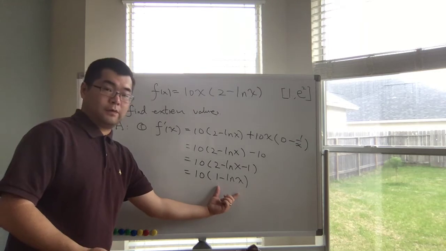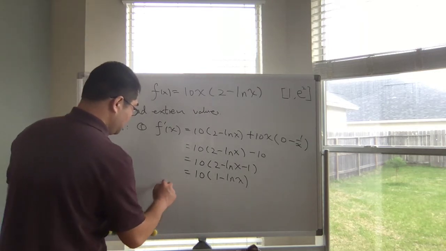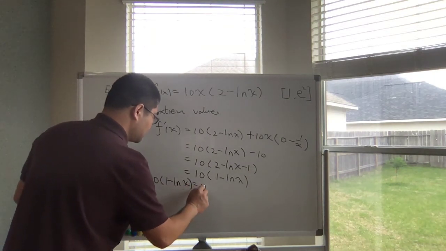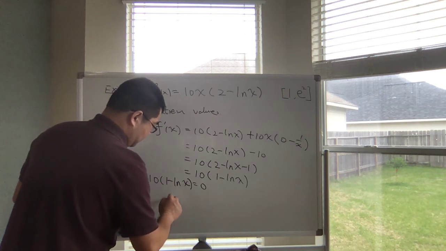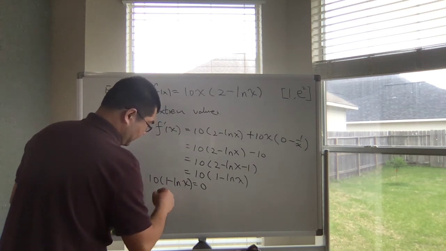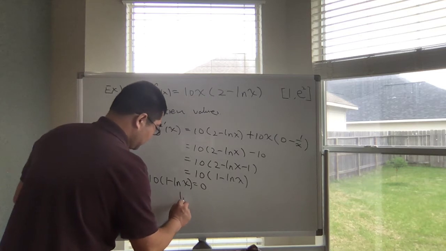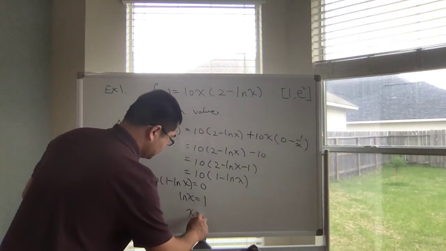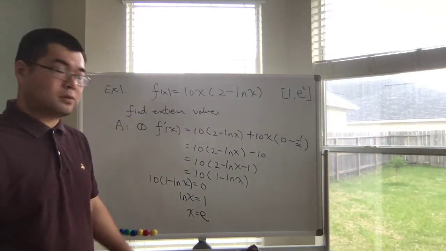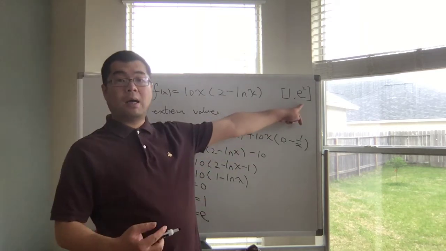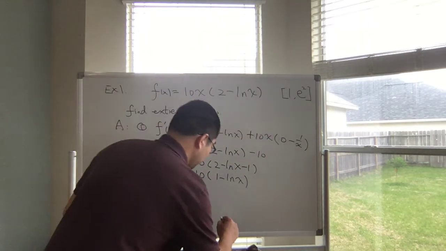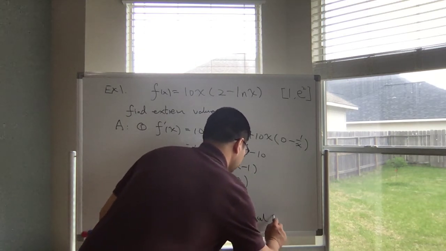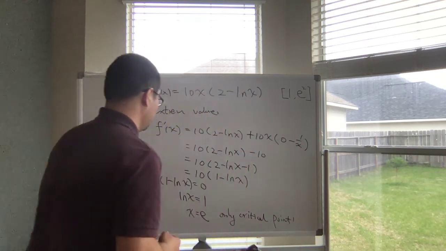Set 10 times (1 minus ln of x) equal to 0. The 10 is a constant and goes away, so ln of x equals 1, and it's easy to solve: x equals e. This is the only critical point on my defined interval. That's step 1.